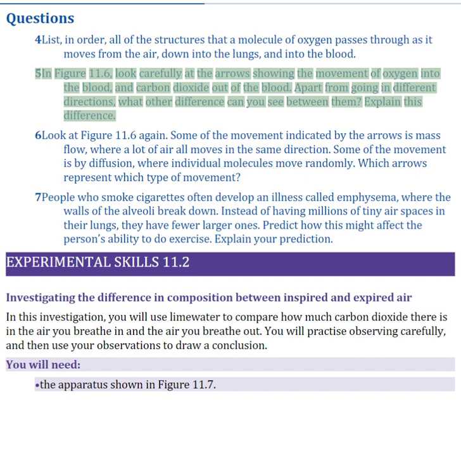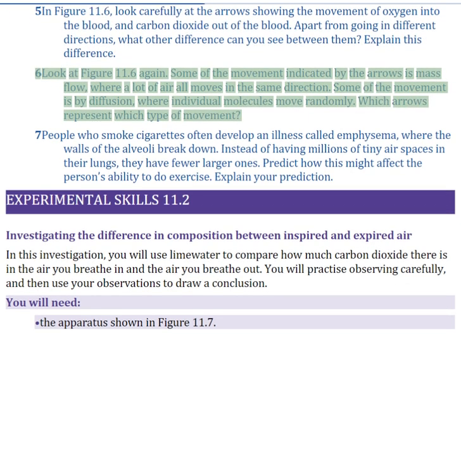Explain this difference. 6. Look at figure 11.6 again. Some of the movement indicated by the arrows is mass flow, where a lot of air all moves in the same direction. Some of the movement is by diffusion, where individual molecules move randomly. Which arrows represent which type of movement?